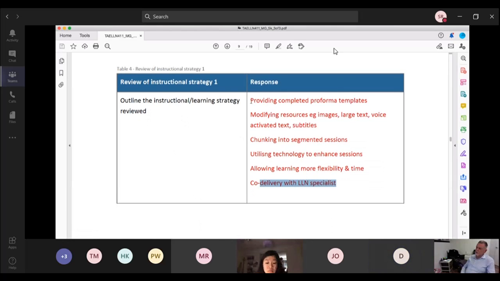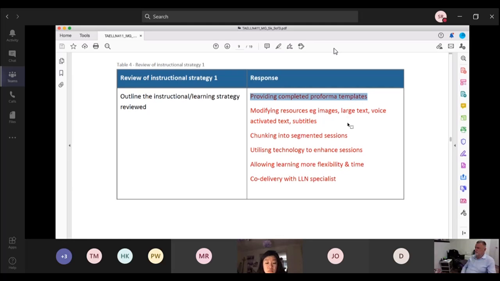So it could be providing templates. That's one strategy to assist students with LLN. So form templates, a few of you have done that, used forms in your presentations. Modifying resources to include larger text, maybe subtitles, maybe images.